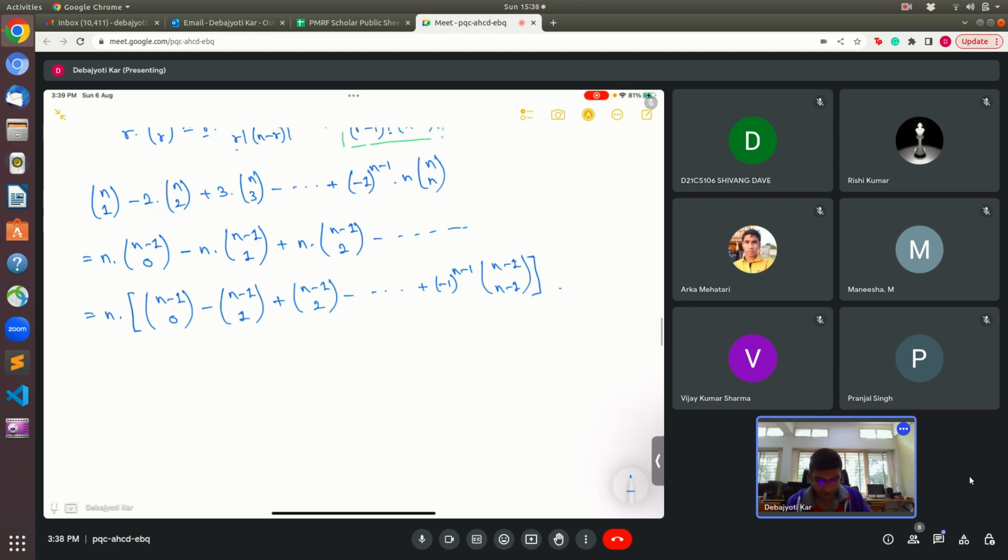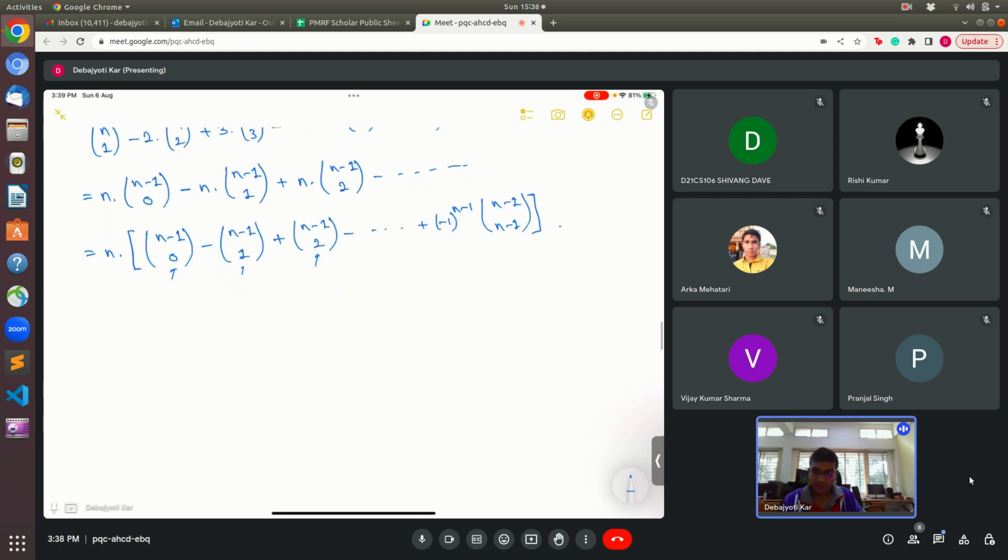So it's an alternating sequence wherein the even terms, that is n minus 1 choose 0, n minus 1 choose 2, and so on, have plus sign, and the odd terms, that is n minus 1 choose 1, then n minus 1 choose 3, and so on, have negative sign. And this, I hope you know, is equal to 0.